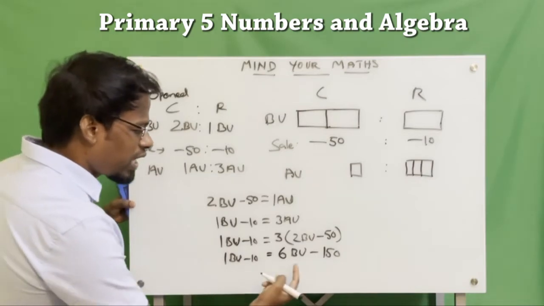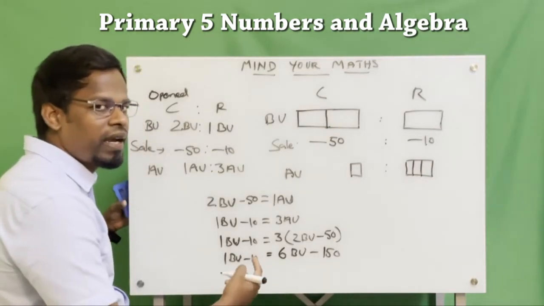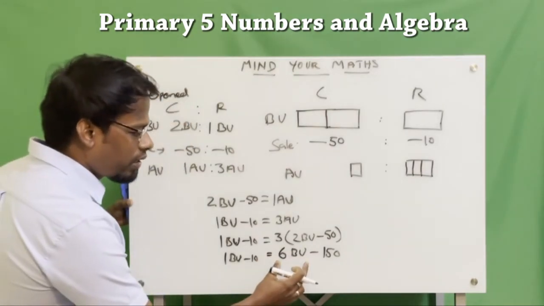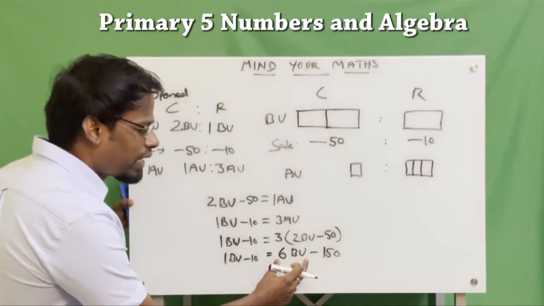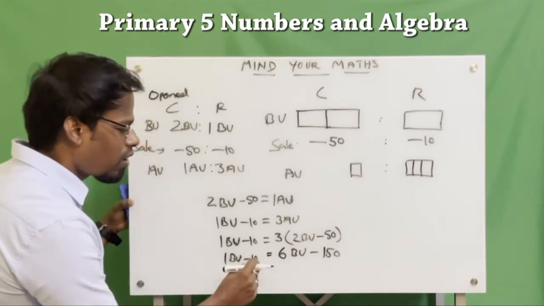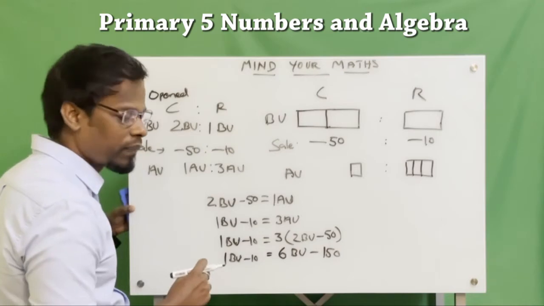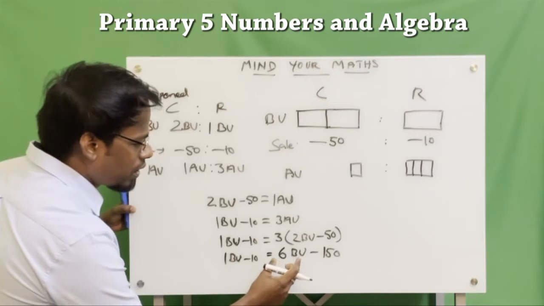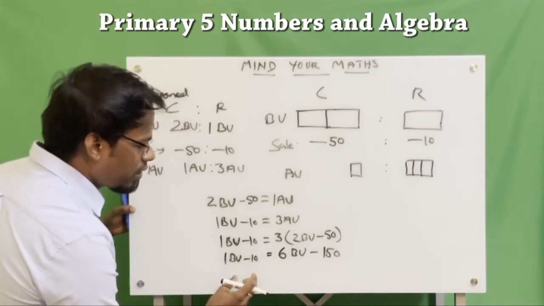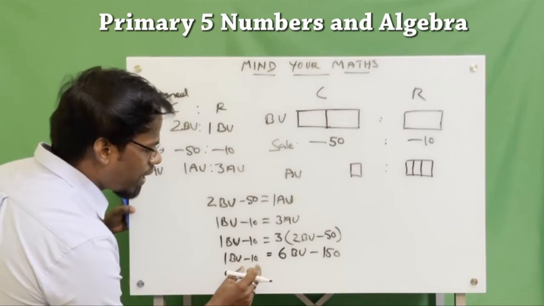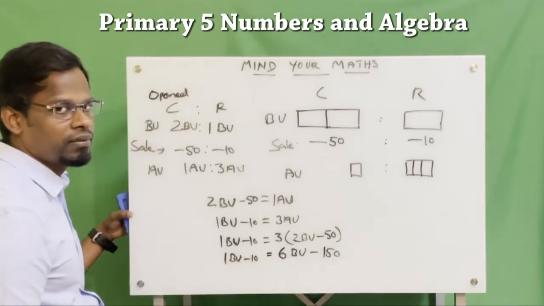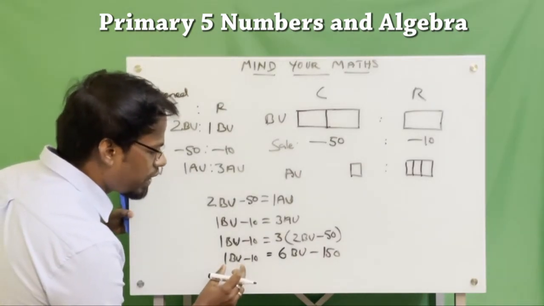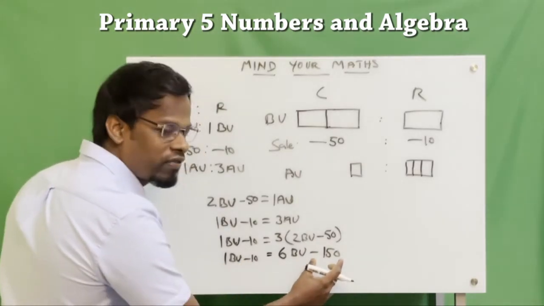Now this equation can be simplified in many ways, but how I teach you is that let's bring all the values that have BU to one side and all the numbers to the other side. In other words, let's bring the 6BU to the left side and the minus 10 to the right side. Or we can do it the other way also, bringing the 1BU to the other side and the 150 to one side.